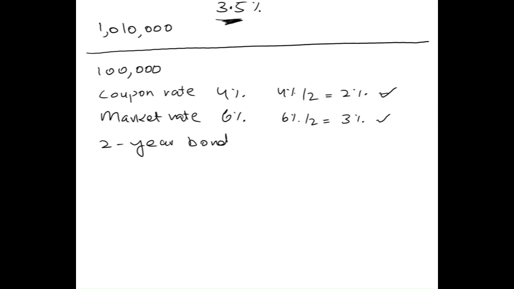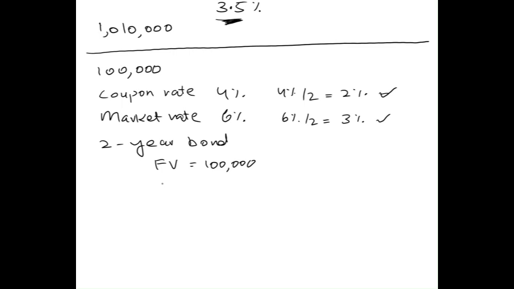So the first thing that we need to come up with is the present value of this bond. Now you can do this in Excel or a calculator. So you'll put future value as 100K.